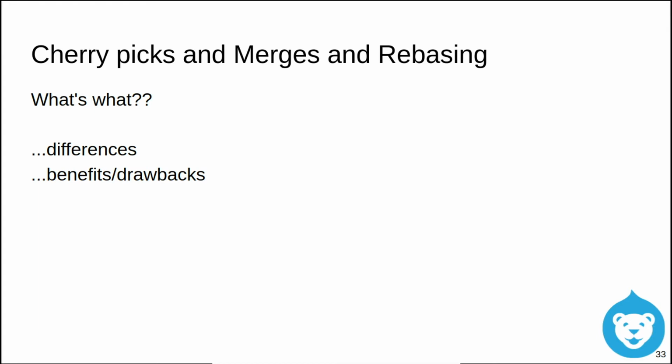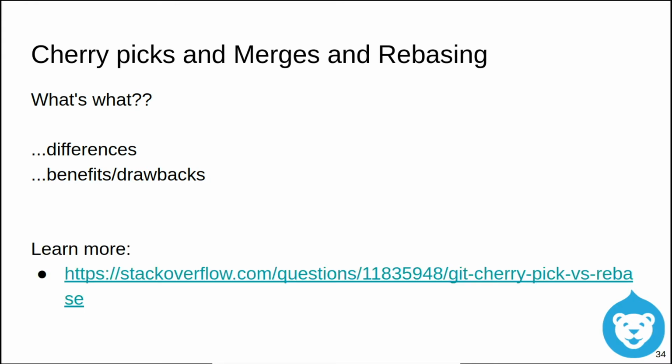Point being, if you're doing rebasing, you should really only do that if everyone's doing rebasing, or it's going to be an unnecessary hassle for the other people on your team. That's the simplest way to say that. The rest of the explanation is just as complicated as my original explanation of rebasing.